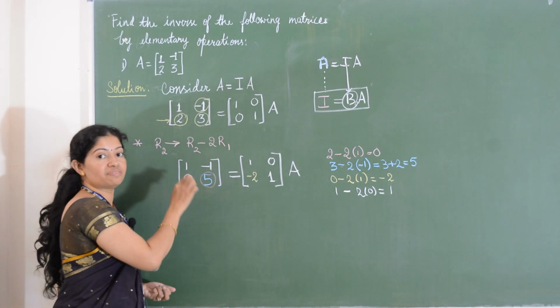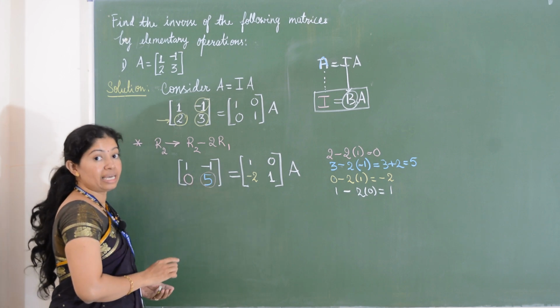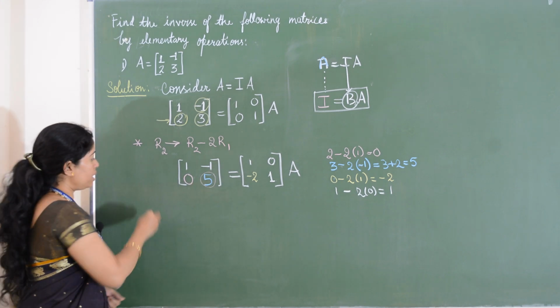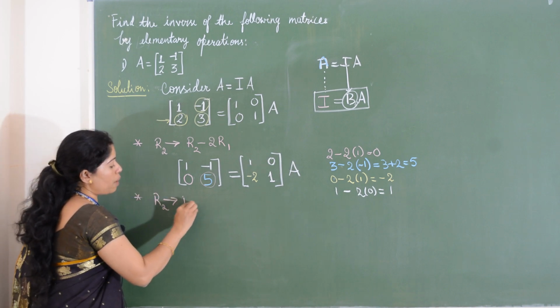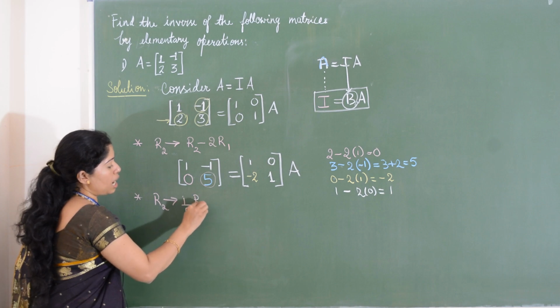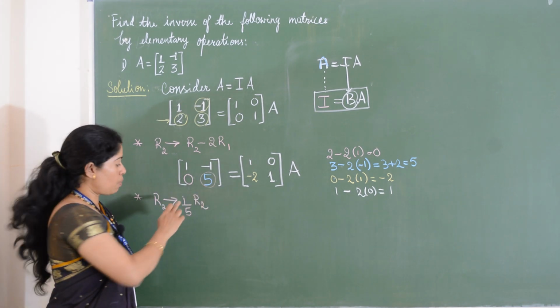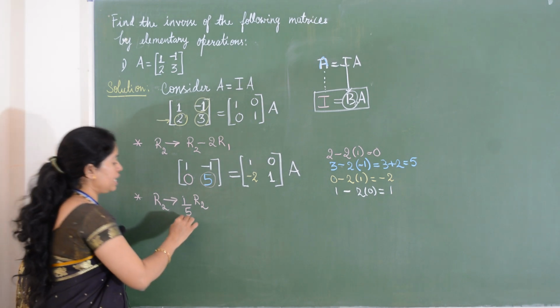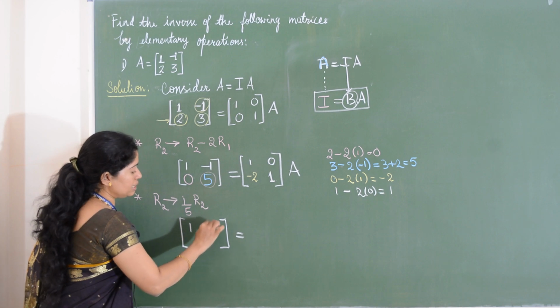So how to make this 5 as 1? You have to multiply the second row by 1 by 5. So operation is R2 changes to 1 by 5 into R2. Means second row you need to multiply by 1 by 5. So again here, first row no changes, copy as it is.